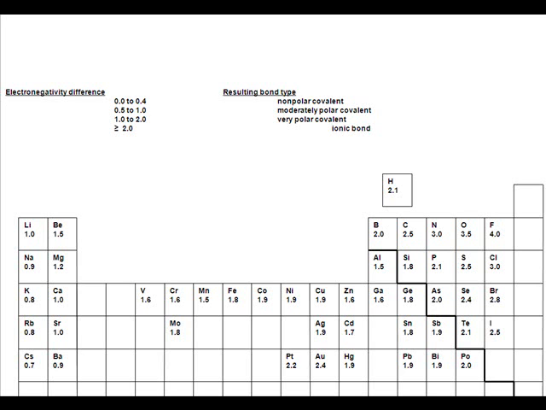If the difference between the two atoms that are connected is between 1.0 and 2.0, then we can consider it very, very polar, meaning that the electrons are pulled heavily to one side of the molecule. It favors the side that has the greater electronegativity.